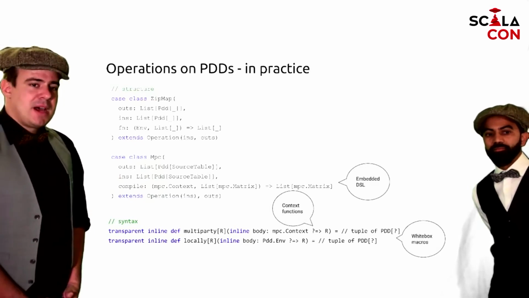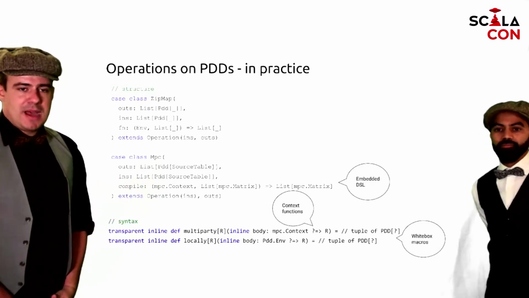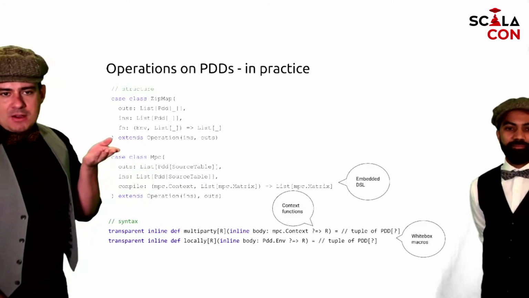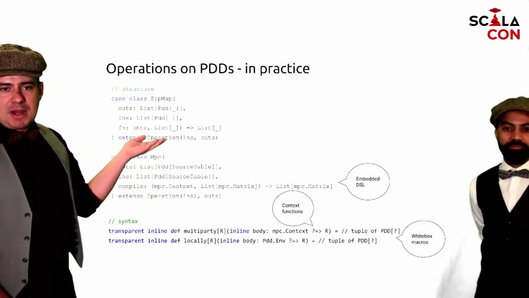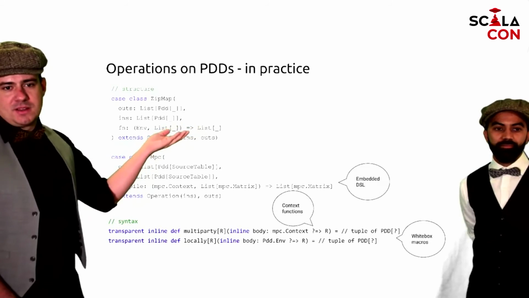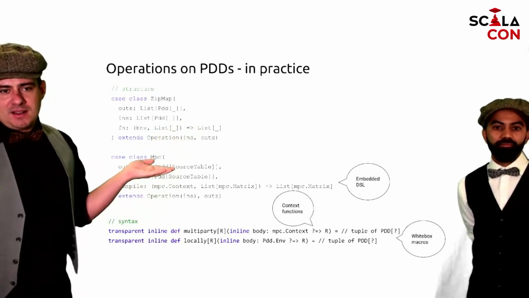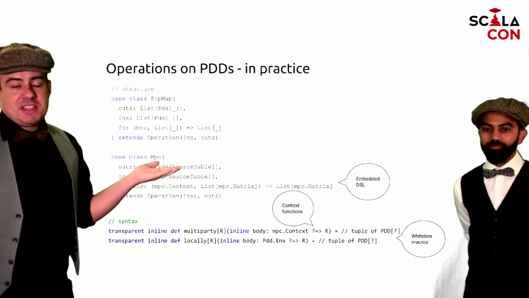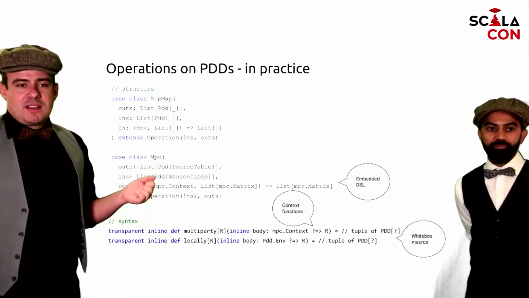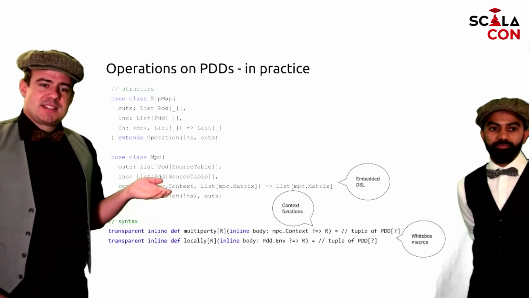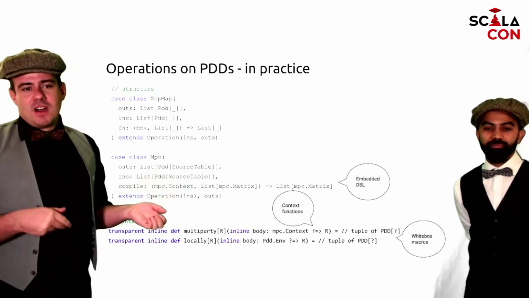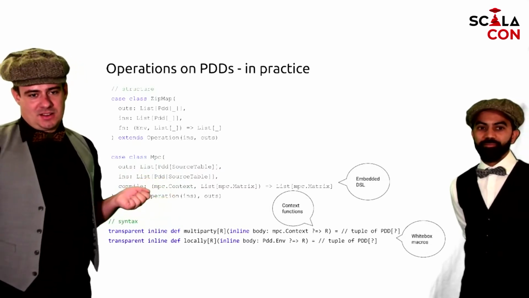For the zip map operation, which is a generalization of a map operation, the payload is a function that is applied to every partition of the private distributed dataset. For the MPC operation, sorry, the payload is a little bit more complex. It's basically a representation of this embedded DSL that I talked about earlier.